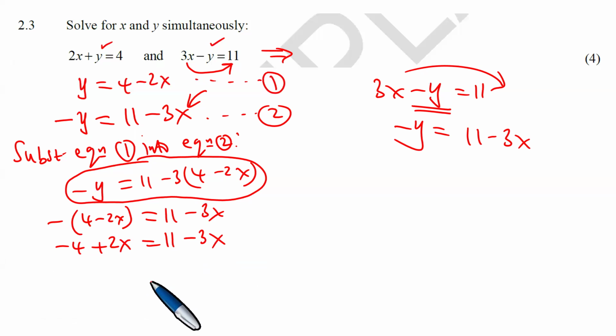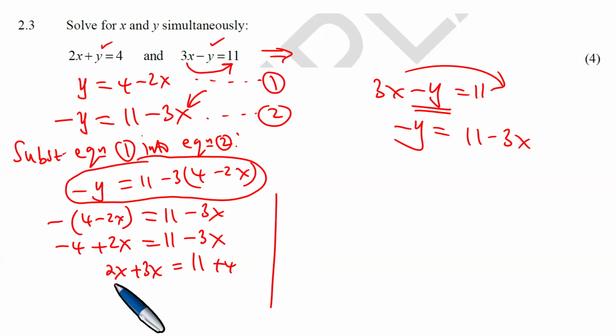Then what do we do here? We collect like terms. So we have the 2x, then we bring 3x here. It was minus 3x, now it becomes plus. Then we have the 11, then the 4. The 4 is minus 4, bring it across, it becomes a plus.